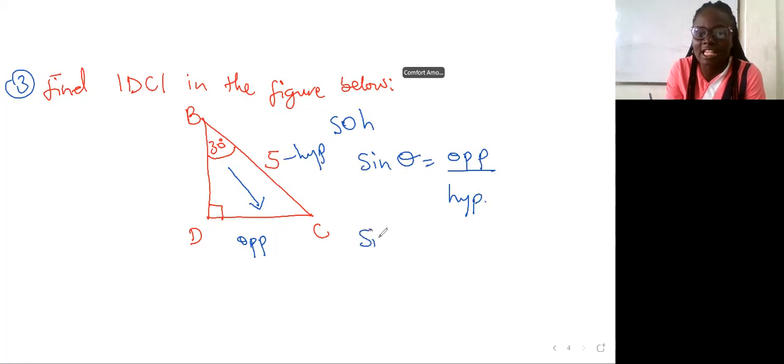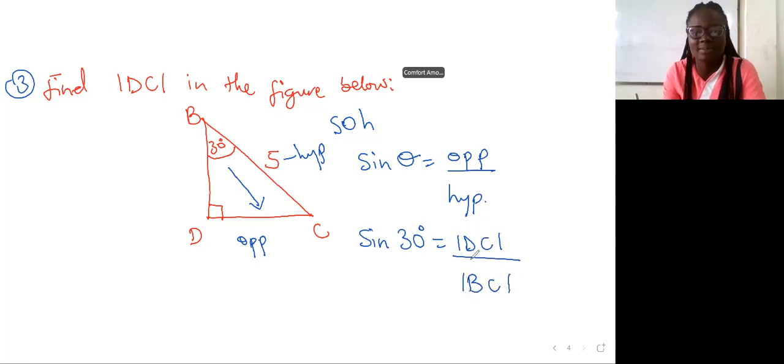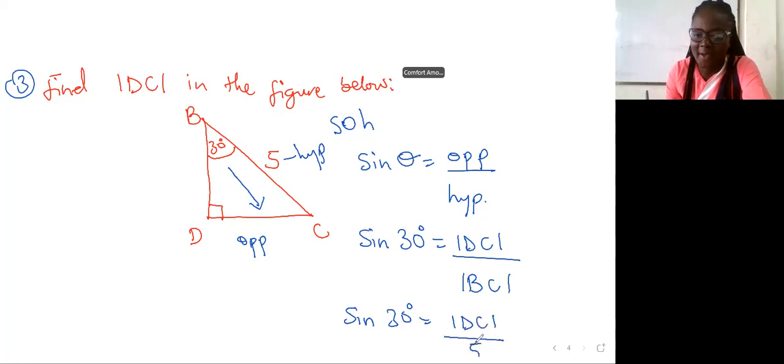And our theta has been given as 30 degrees. So it's equal to opposite, line DC, over hypotenuse, line BC. Then we do a simple substitution. So this is giving us sine 30 degrees is equal to line DC over 5.